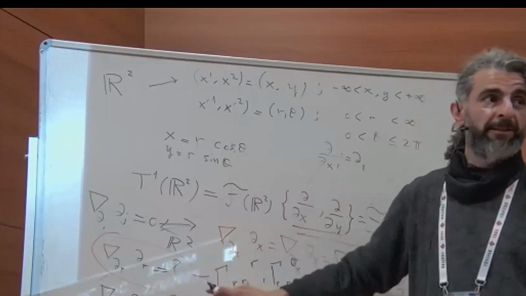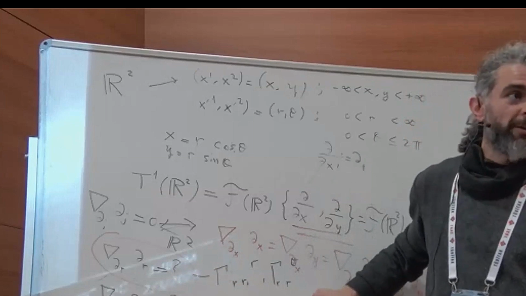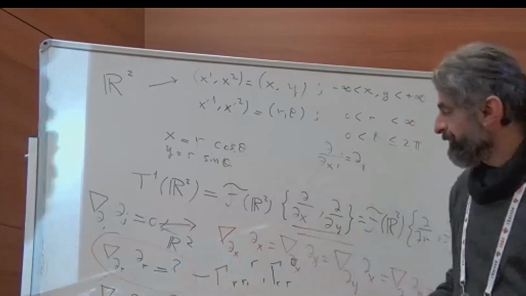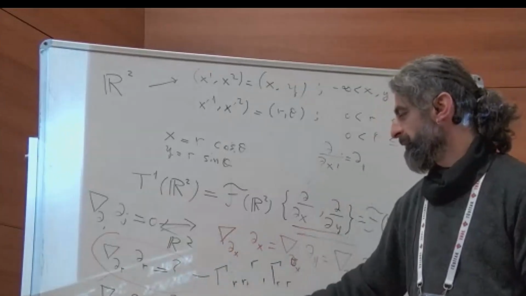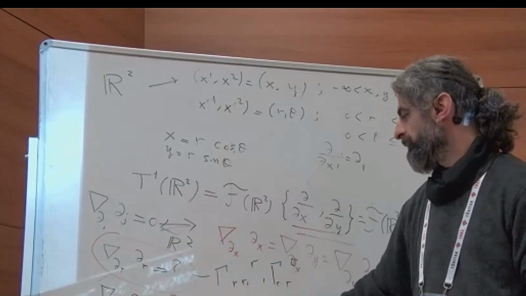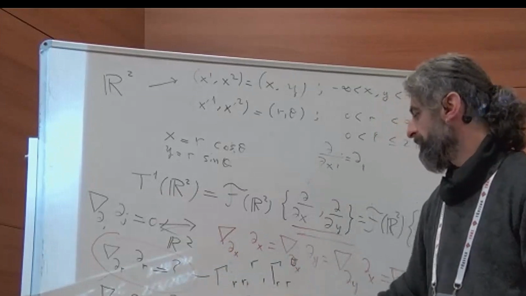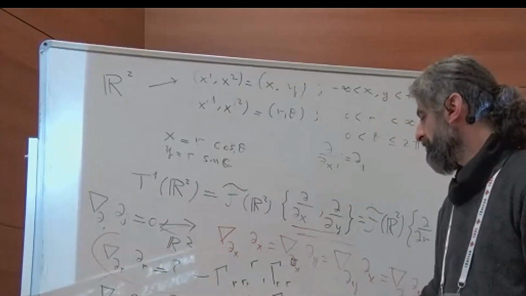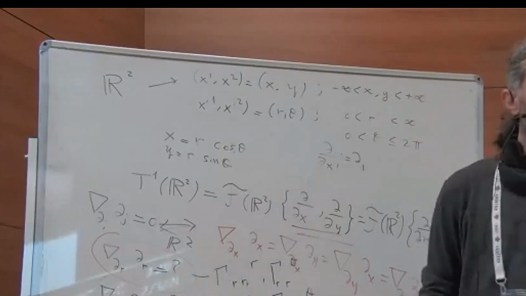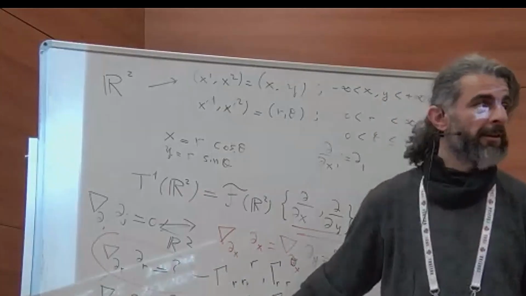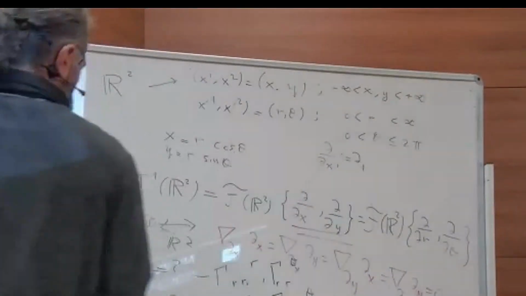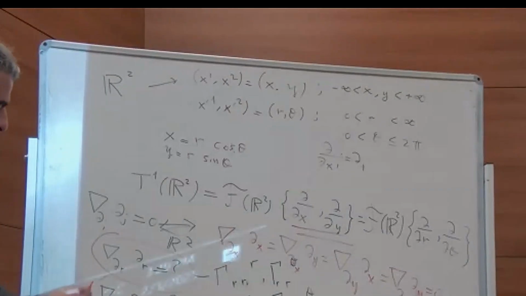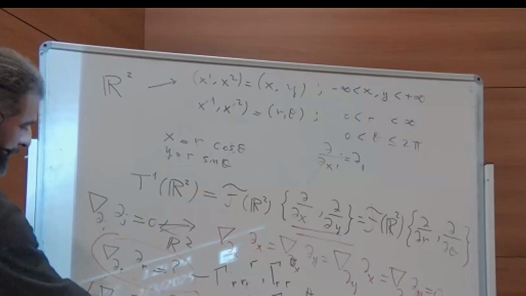This will give these two connection coefficient functions. And for example, this will give the other two, theta r and theta r theta. And similarly for the calculations below. So these will be your homeworks.